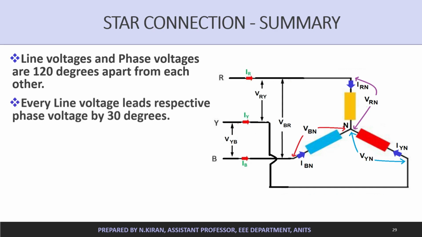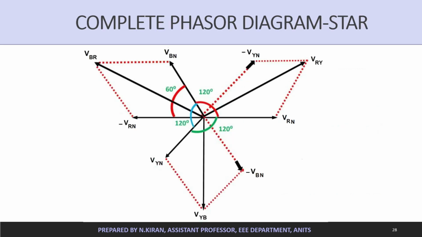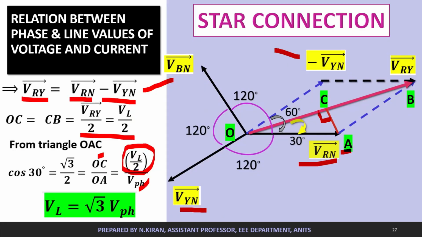Every line voltage will lead the respective phase voltage by 30 degrees, as you can see from the phasor diagram. Here VRN is the phase voltage and VRY is the line voltage. VRN is the reference phasor we have taken, and the line voltage is leading the phase voltage by an angle of 30 degrees.